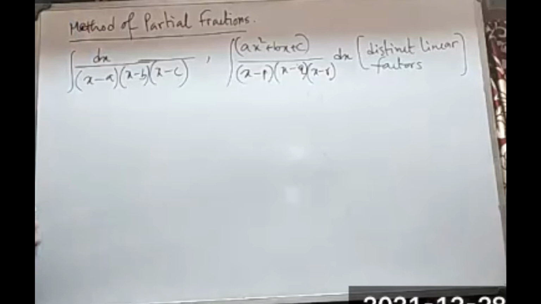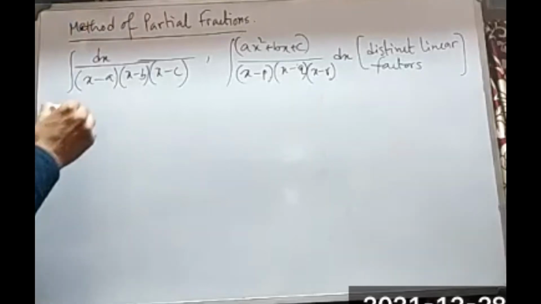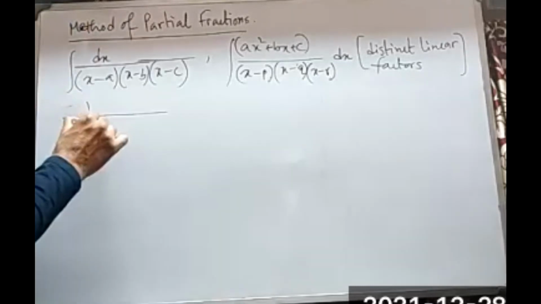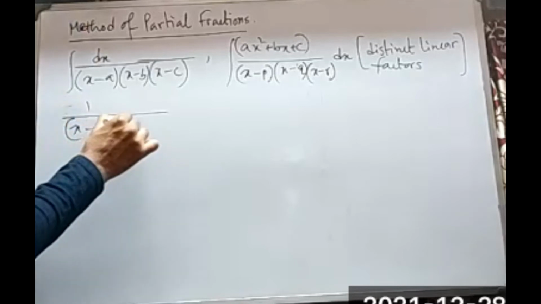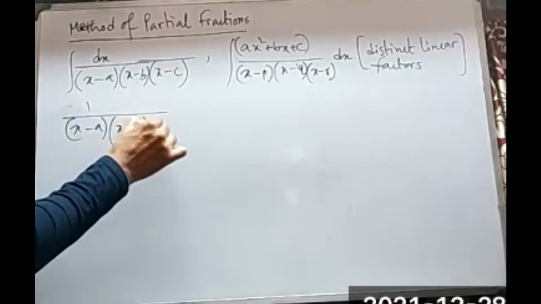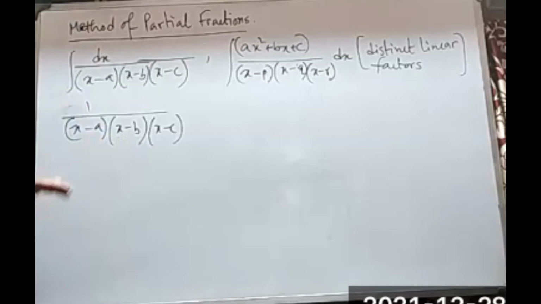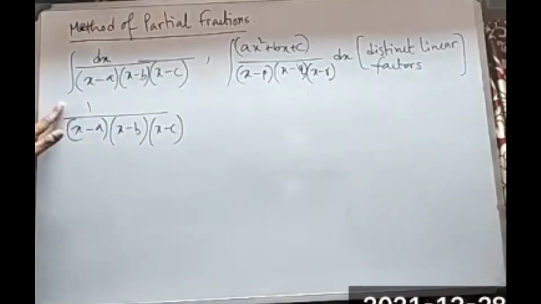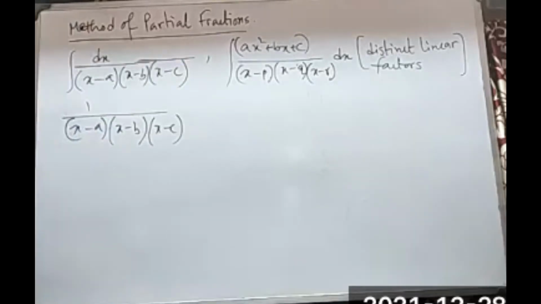In case of these, we are separately writing the integrand like this. And whatever we are doing now, it's not a part of integration, it's a part of simplifying this expression. Integration we will do later.